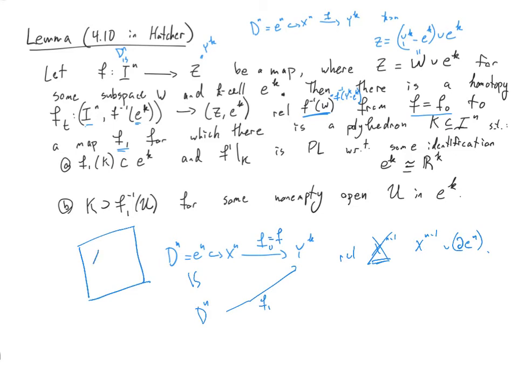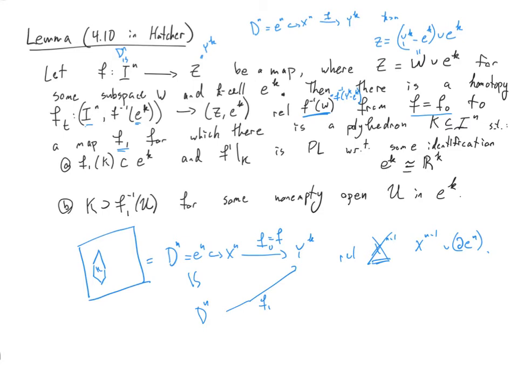So we've got this region like this, looks like K, inside of IN, such that F1, our new map, takes K into EK.